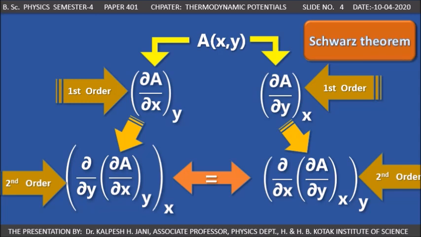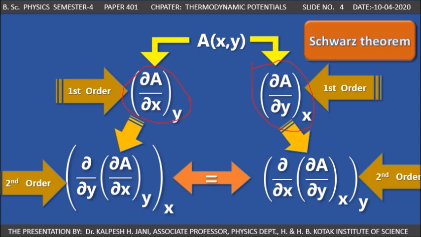That doesn't mean that the first order differentiations with respect to different variables are equal. These two terms are not equal. This term and this term are not equal. But the second order differentiations are always equal. So this is what the Schwarz theorem is all about.